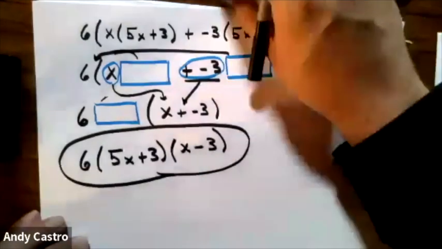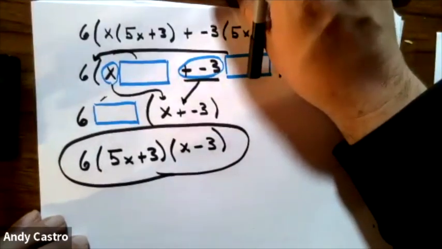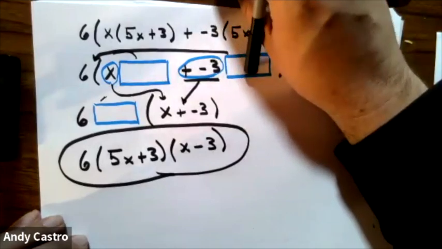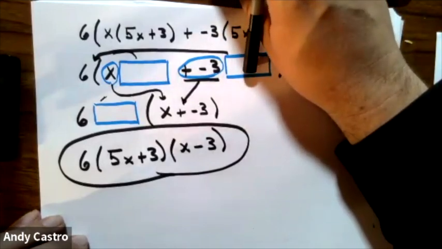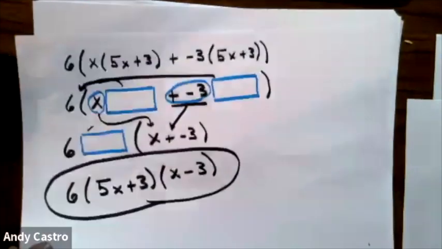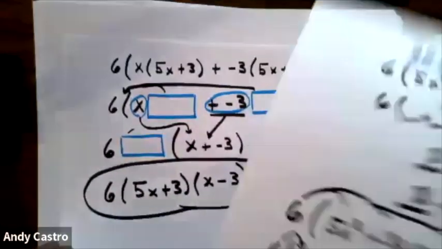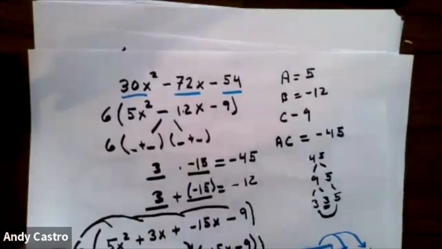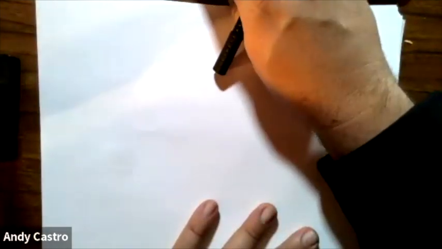As you can tell, these are pretty involved. So they'll take a little while to work out, the AC method, but it works every time. It works every time on how to solve for quadratics.